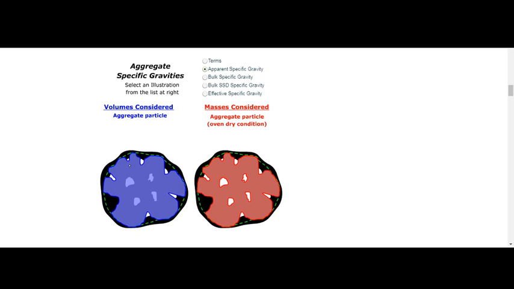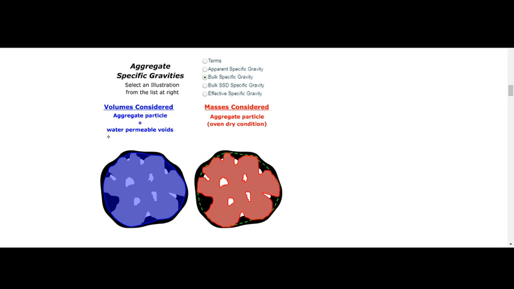In apparent specific gravity, the only difference is that the volume of the actual aggregate portion is used, whereas in bulk specific gravity, there is the water permeable void. It is called water permeable void because, in addition to bitumen, the water will be able to penetrate to the farthest point, including the bitumen. That's why it is called water permeable void, not asphalt permeable void.